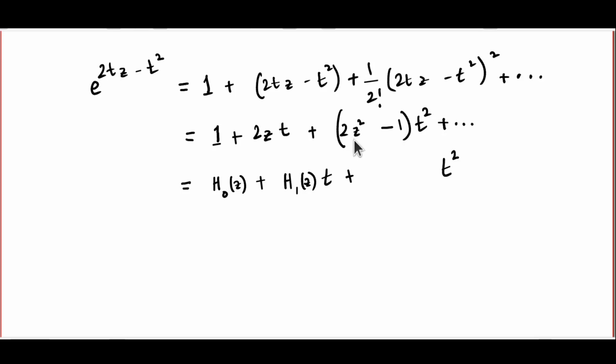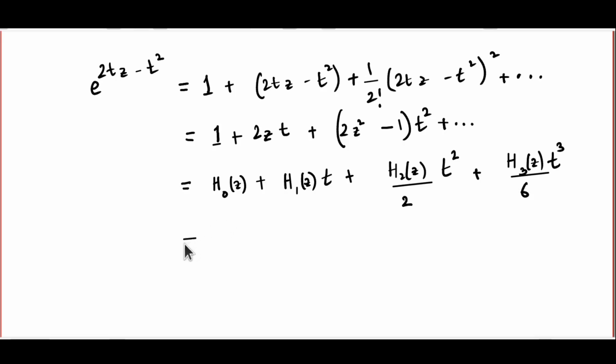H2(z) is really 4z squared minus 2, but this is really H2(z) by 2. If you wrote down the next term by taking into account the next term in the series, you would find that the coefficient of t cubed is H3(z) by 6.